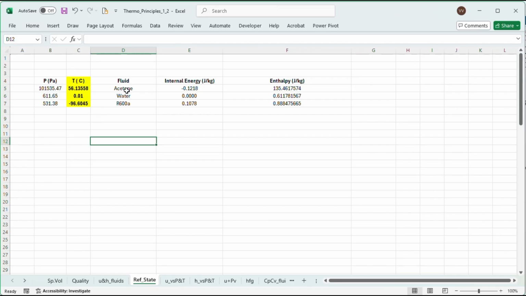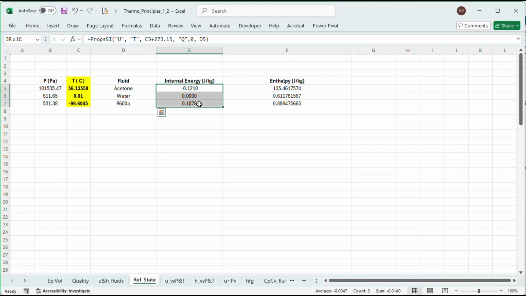And you can see for three different fluids, we tried to get the internal energy close to zero. Okay, they're not exactly zero, but you can see for water, that happens at a temperature of 0.01, and the pressure is the saturation pressure for that particular temperature. Okay, so for these two conditions, water's internal energy is zero.